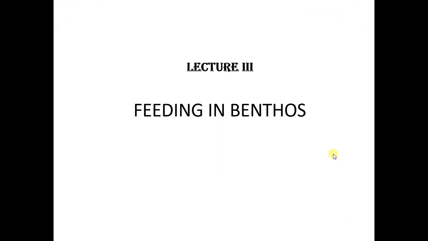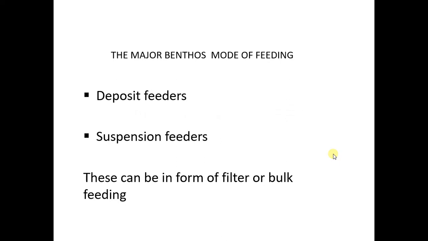So let's get to the third lecture, feeding in Benthos. In Benthos, there are basically two major forms of feeding. It's either they feed on things that are deposited at the bottom, or they feed on things that are suspended in the water column.